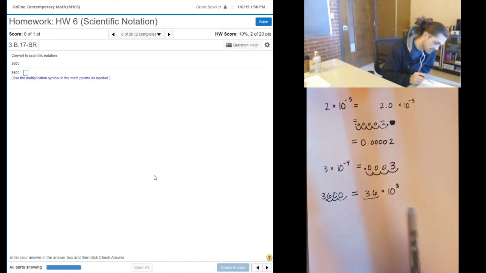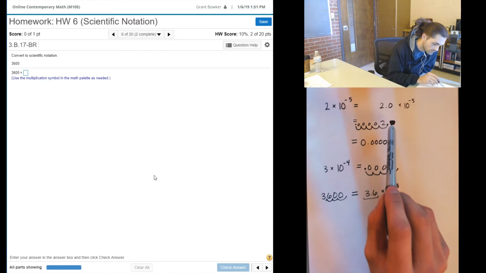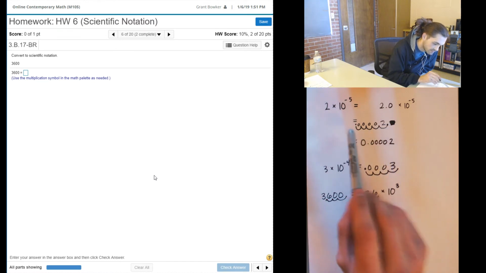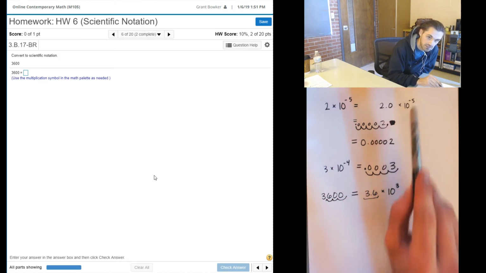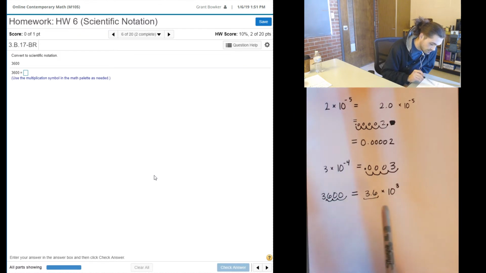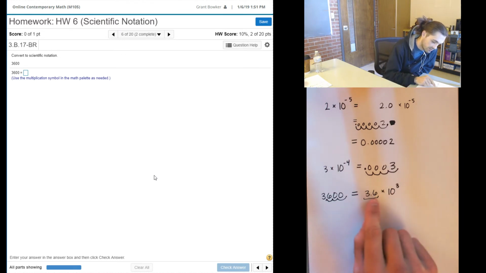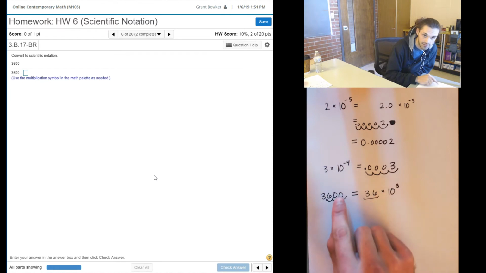The big question is, well, how do you know if this is a -3 or a +3? Because up here you said we moved the decimal place to the left, and that was a negative exponent. The thing to keep in mind is you can always punch this into your calculator, 3.6 times 10 to the +3, and you'll end up with 3,600.